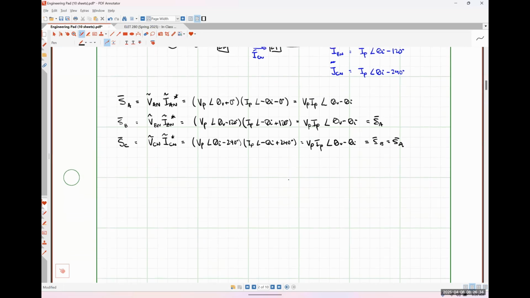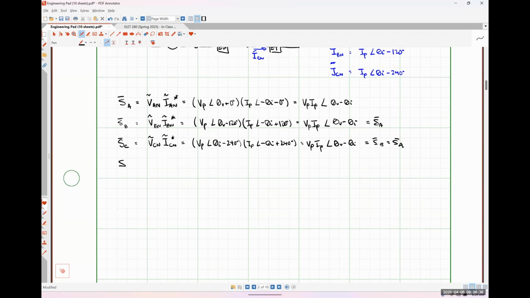So our total three-phase power, so S total, is just SA plus SB plus SC, which is the same thing as 3 times SA, or 3 VP IP angle theta V minus theta I. So this is our first relationship.